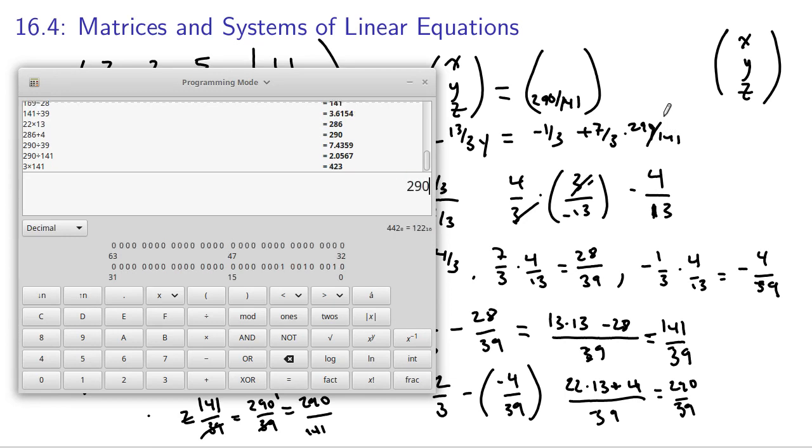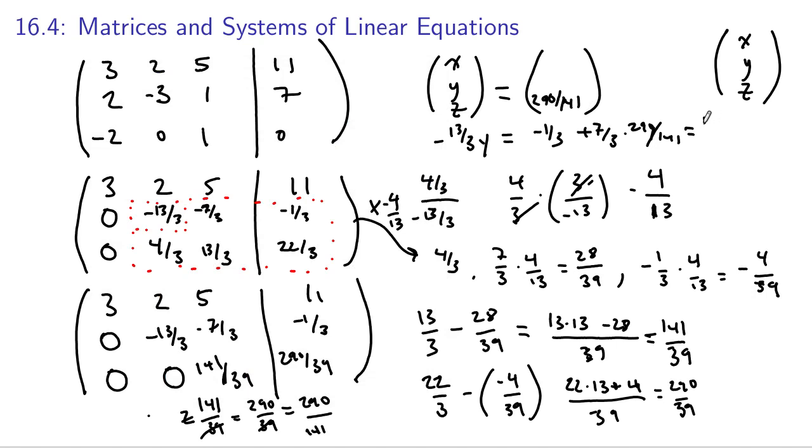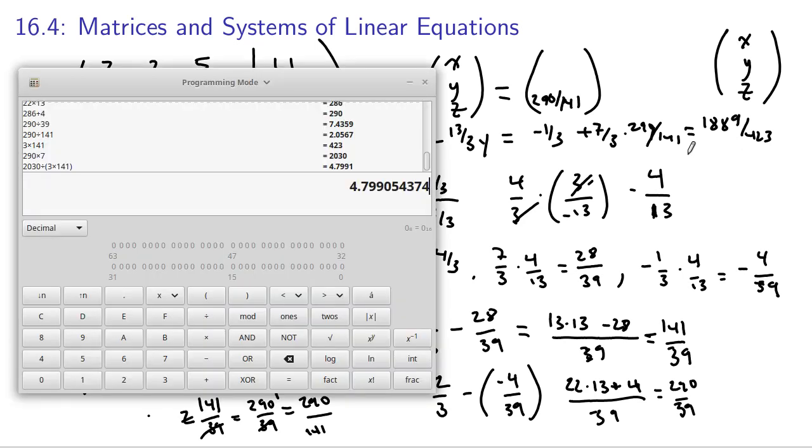And 290 times 7 over 3 times 141. It's about 4.8. And then we'll add that to 1/3. And that'll give us, when we add to 1/3, 1,889 over 423, which is about 4.8.